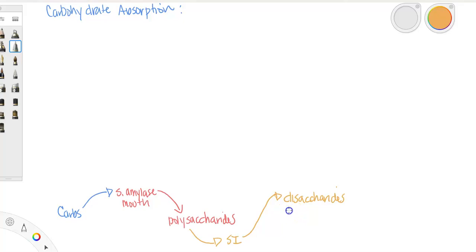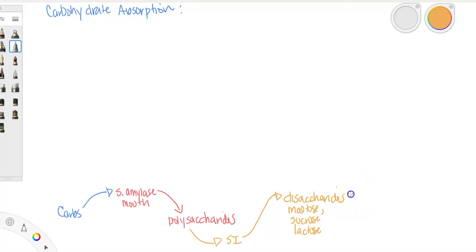So remember maltose, sucrose, and lactose. And again, that comes from the enzymes coming from the pancreas.